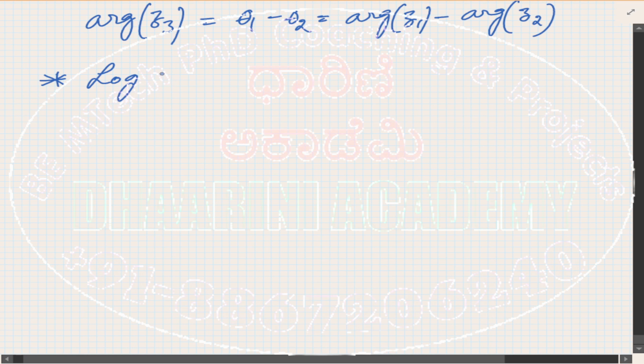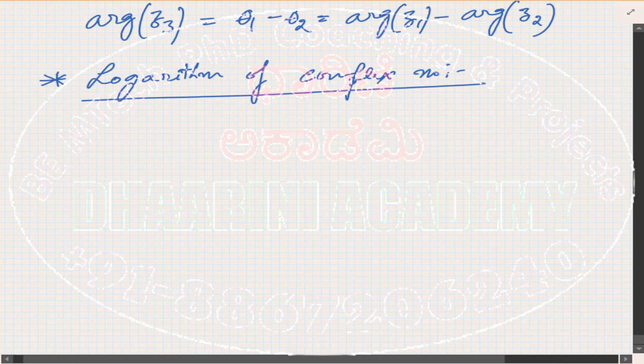This is logarithm of a complex number. Okay, so we know that, let z is equal to magnitude z e to the I theta, right?